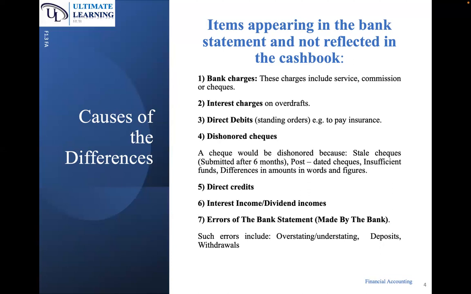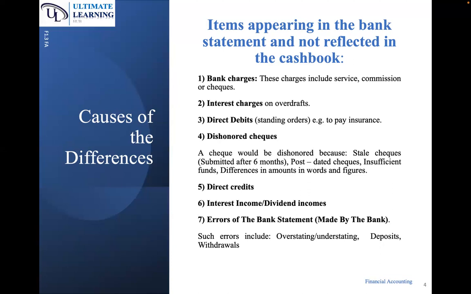Number four, the fourth item is a dishonored check. Sometimes you have submitted a check to the bank, you received a check from the customer, and then the bank has dishonored it. Maybe the check is stale, maybe it's submitted after 6 months, or it's a post-dated check, or there are insufficient funds in the account, or even the amount written in figures is different from the amount written in words.